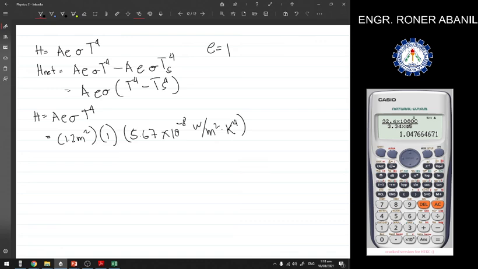Then our T is 330. Okay? So, using our calculator, the answer should come out. 1.2 multiplied by 5.67 times 10 raised to negative 8, then multiply by 330 raised to 4.